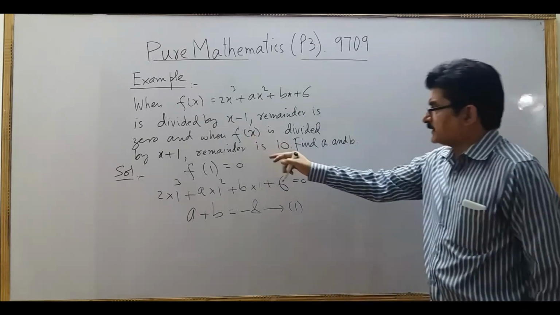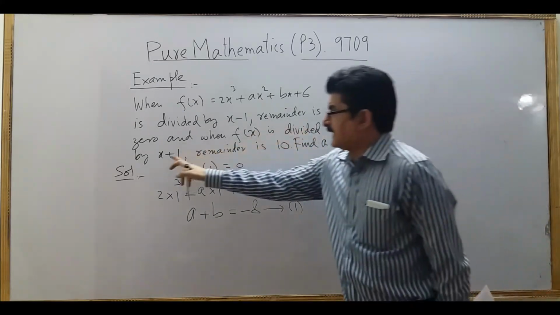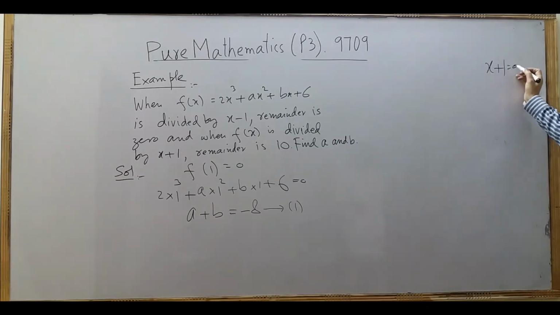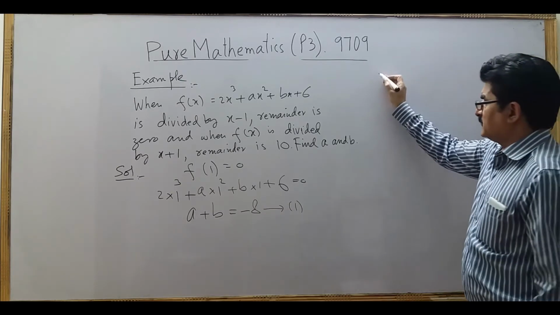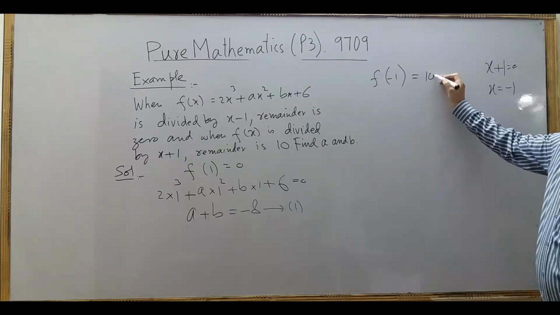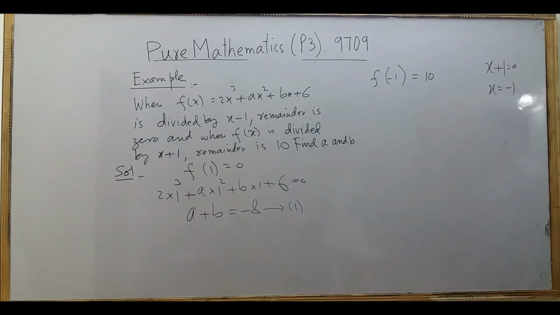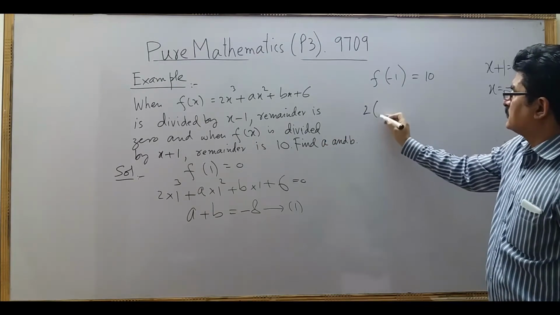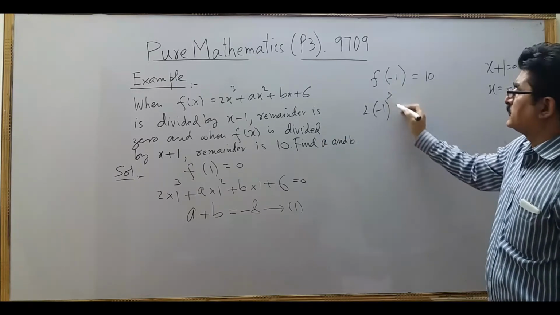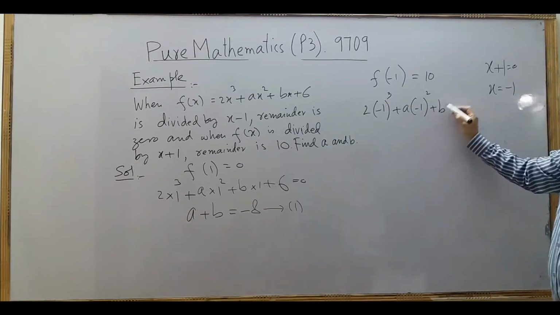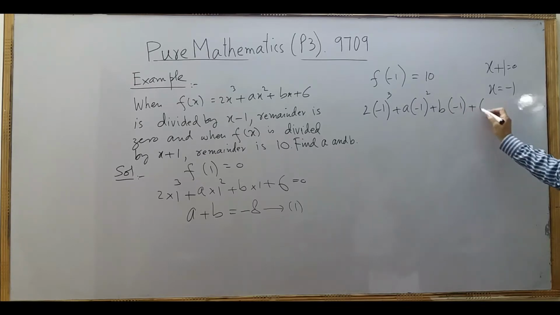Now see the second part. When f(x) is divided by x + 1, it means that x + 1 equal to 0, x is equal to -1. So the remainder is 10. So f(-1) is equal to 10. So putting x equal to -1, we have (-1)³ + a(-1)² + b(-1) + 6.